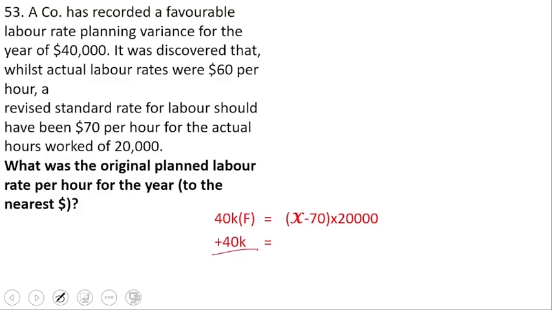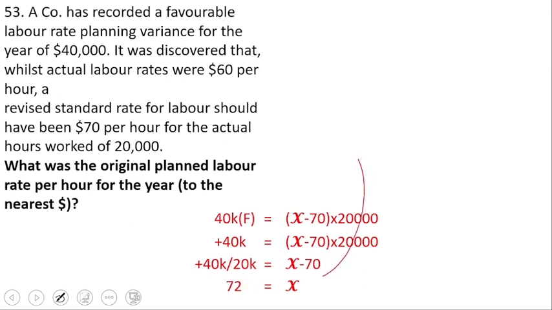Taking 20,000 to this side, it's 40,000 divided by 20,000 is equal to x minus 70. So x is equal to $72 per hour. So we've got the answer. The original planned labor rate is $72. Now moving on to the next question.